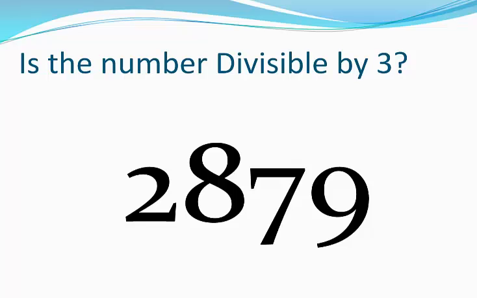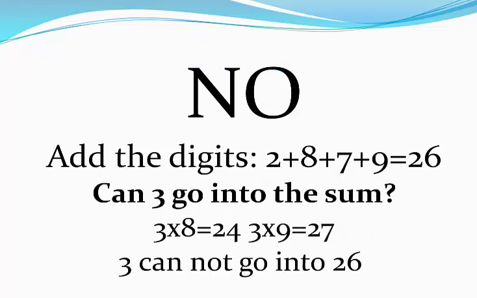Well, looking at our notes, we know we must add the digits together first. So 2 plus 8 is 10, plus 7 is 17, plus 9 is 26. Is 26 divisible by 3? No. So therefore the number 2,879 is not divisible by 3.